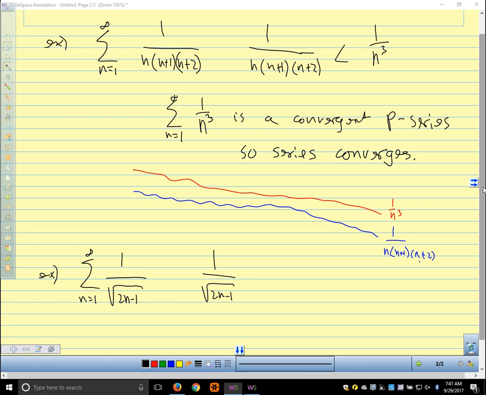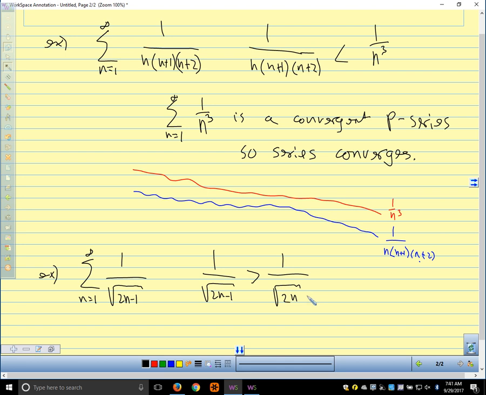Possibly, but let's think about the easiest thing that we could compare it to. How about just 1 over the square root of 2n? The minus 1 makes the denominator smaller, so the term is going to be larger than that, right?